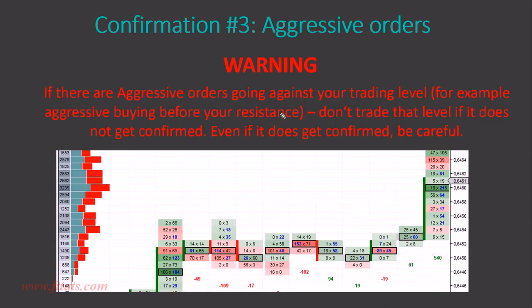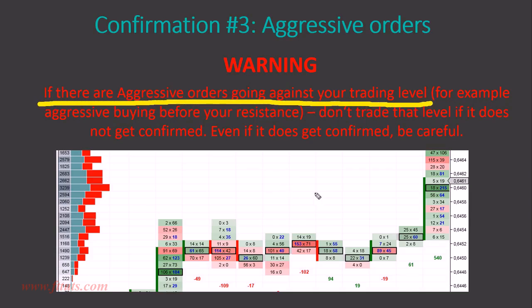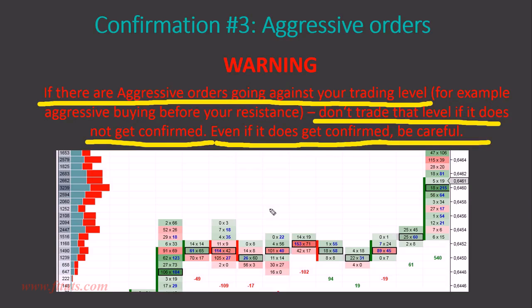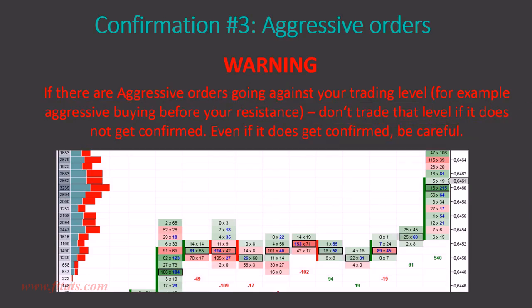Alright, so those aggressive orders can also give you a nice warning not to enter a trade. So if there are aggressive orders going against your trading level, then don't trade that level if it doesn't get confirmed. And even if it does get confirmed, be careful. Alright, so that's another way how you can use the aggressive orders.